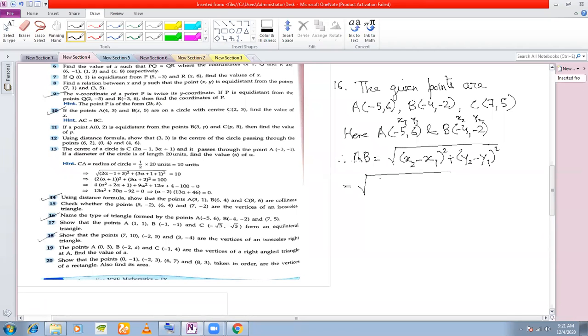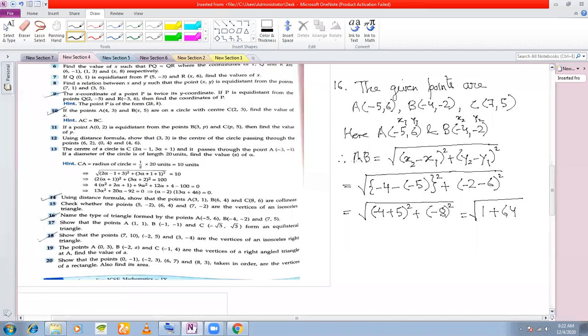Root over X2 minus X1, minus 4 minus of minus 5 square, plus Y2 minus Y1, that means minus 2 minus 6 square. So this becomes root over of minus 4 plus 5 square, plus minus 8 square. So this becomes root over of 1 plus 64, so this becomes root 65 units.